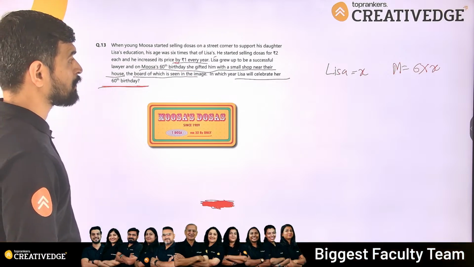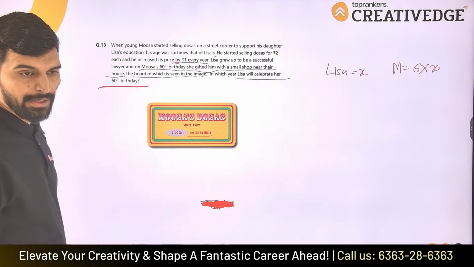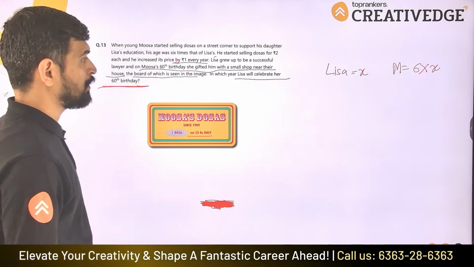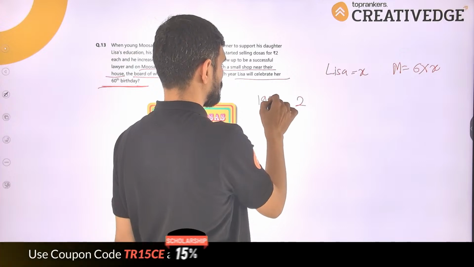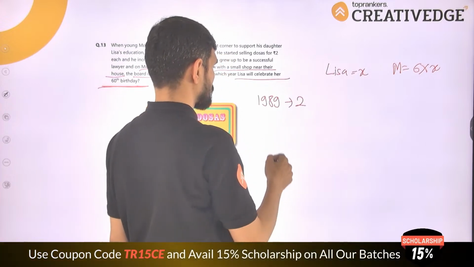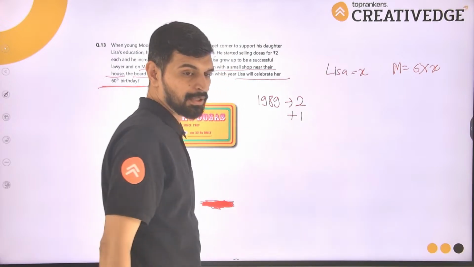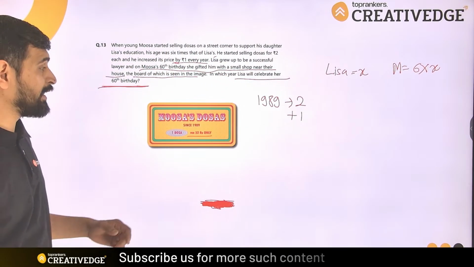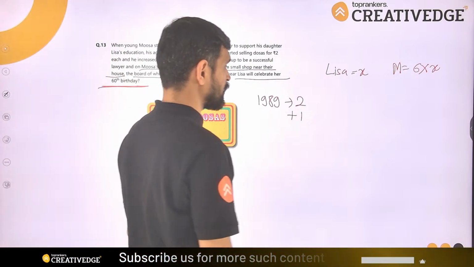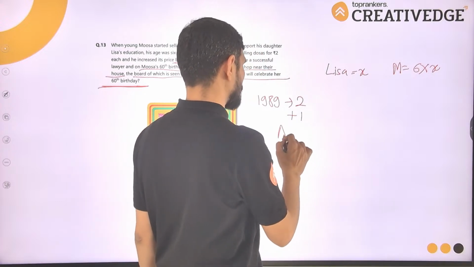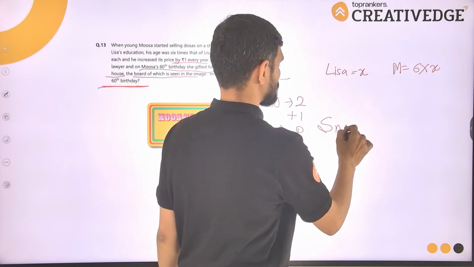So he started in 1989. और यहां से अब आप बेसिक लॉजिक लगा लें कि 1989 में द प्राइस ऑफ डोसा वाज रुपीज 2, एंड पर ईयर पर +1 किया है आपने, तो 1989 पे 2, 1990 में इट इज 3, सो इन विच ईयर इट विल बी 32. सो अरिथमेटिक प्रोग्रेशन का एक बेसिक सा कॉन्सेप्ट है, दैट इज Sn is equals to n by 2 into 2a plus n minus 1 into d.